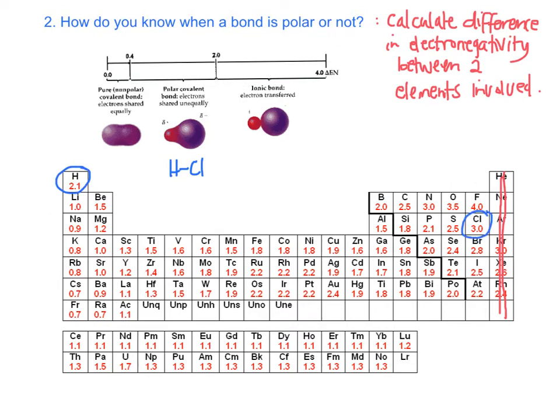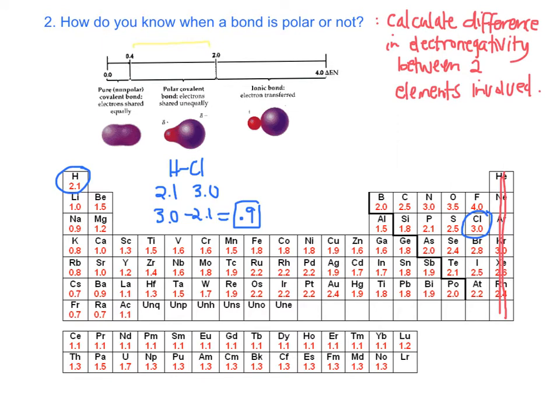I can see that hydrogen is 2.1 and chlorine is 3.0. If I subtract 2.1 from 3.0, I get a difference of 0.9. And then you need to have ranges. The range that would be considered polar is anything between 0.4 and 2.9, which would be your polar covalent bonds. You're going to need to write that down.